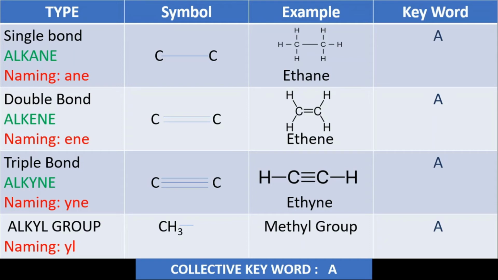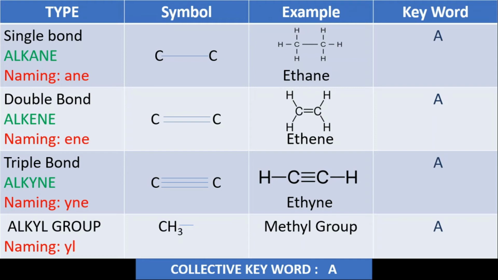So now when you hear the word methyl, it should come straight into your mind that the word meth means this group contains one carbon atom, and the letters Y and L show it is an alkyl group, that is methyl group.